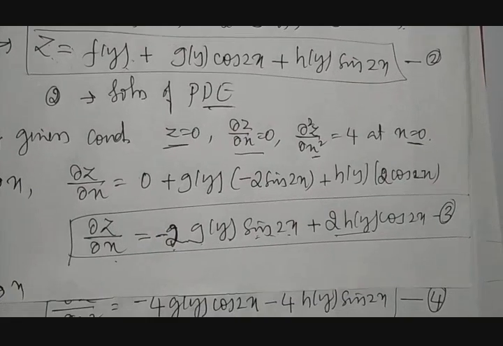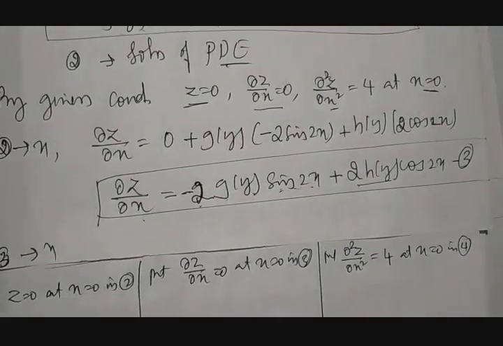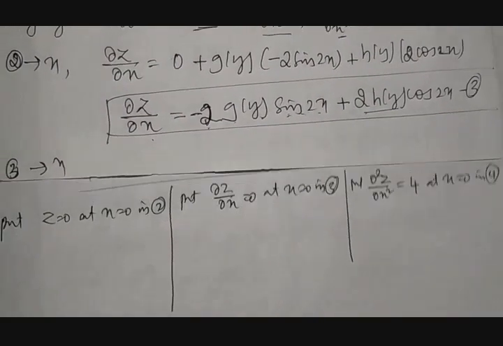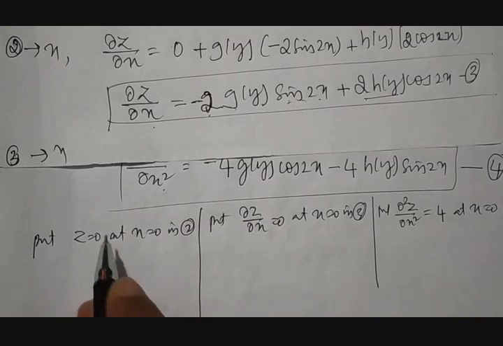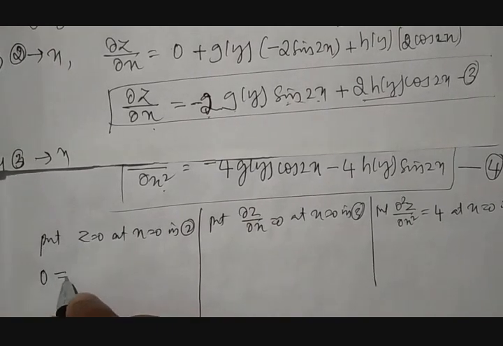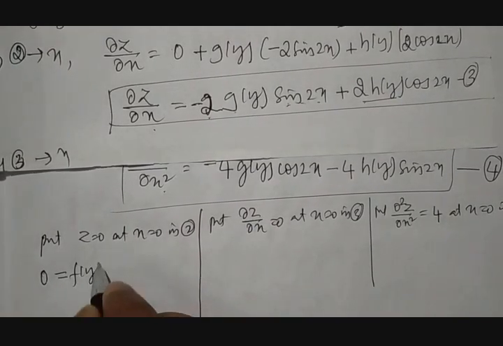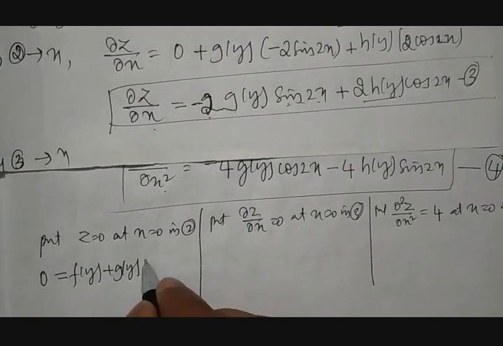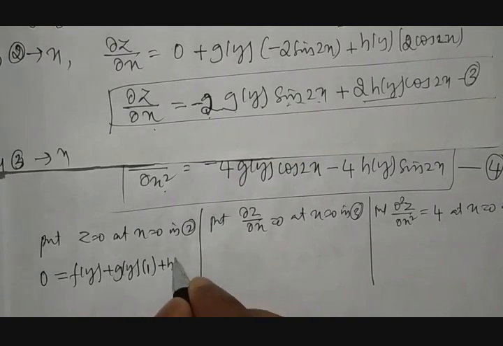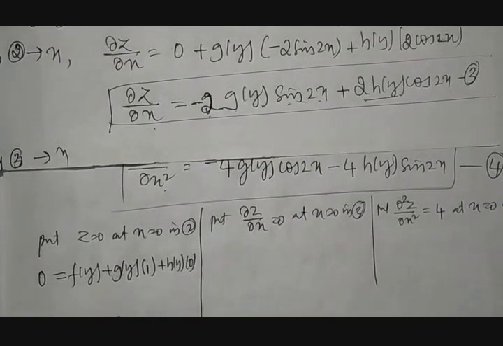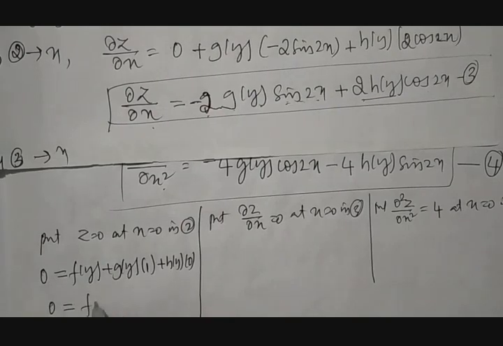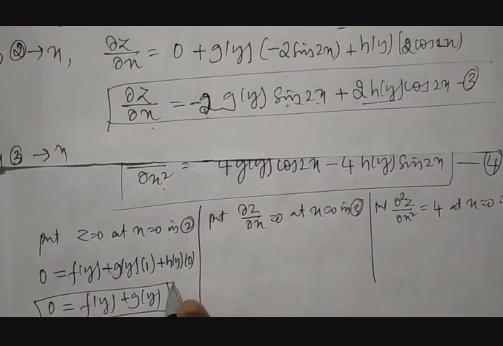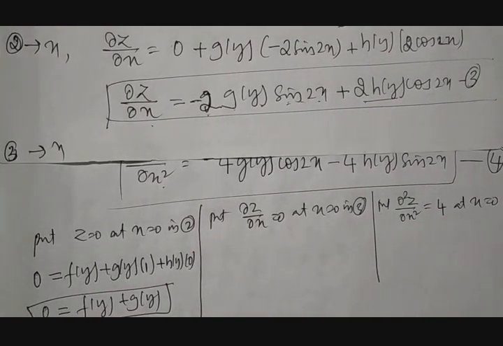So 0 is equal to f(y) plus g(y) into cos 0, cos 0 is 1, plus h(y) into sin 0, which is 0. Therefore, 0 is equal to f(y) plus g(y). This is one result.